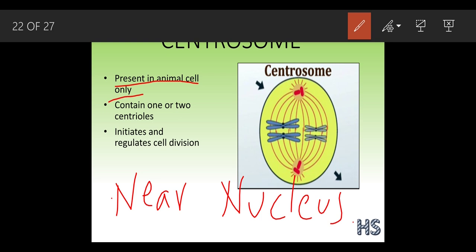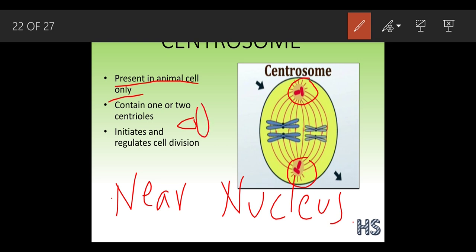These centrosomes, these two structures we can see here. This is the proper structure of a centrosome. Inside this centrosome, there are centrioles present. We can see this part, okay? See this part, like this.